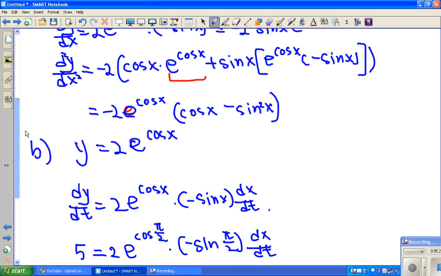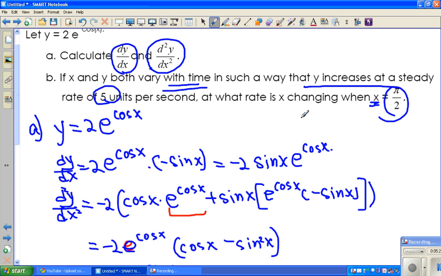Now, don't forget the unit. The unit must be what? Units per second.